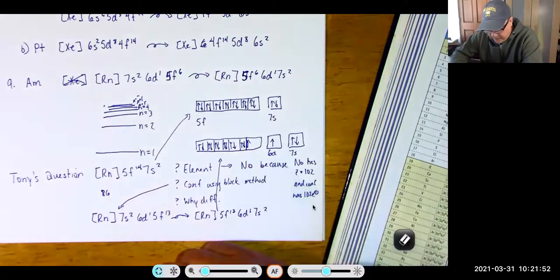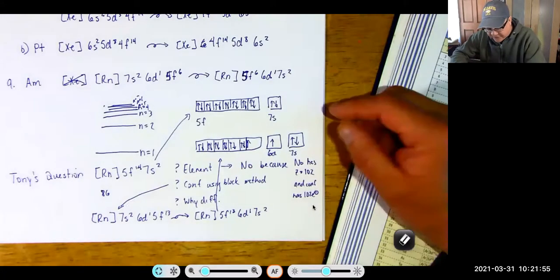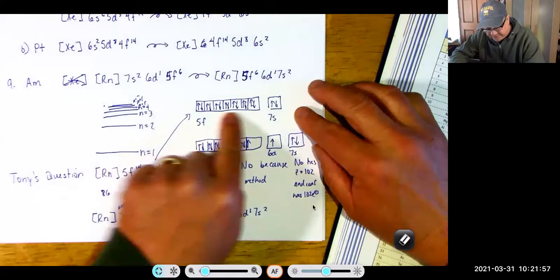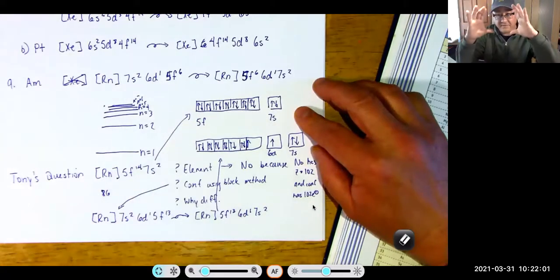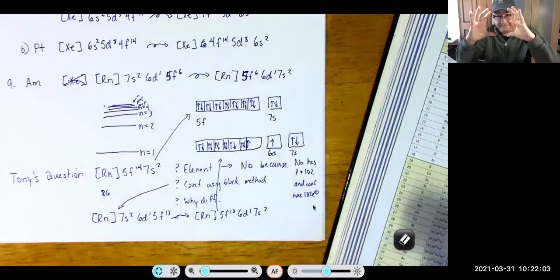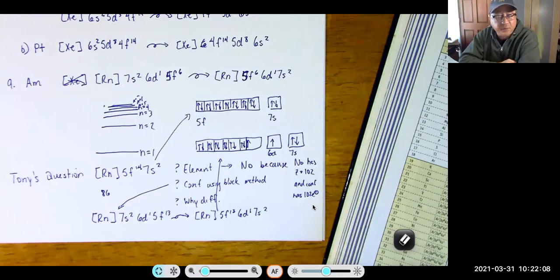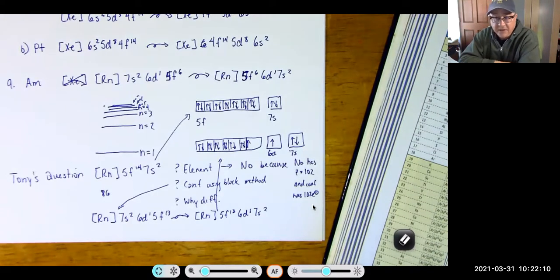So the way to think about it is all of these electrons, and there are what, 16 of them? They're in a particular amount of space, right? And these 17 electrons, you want to be as spread out as possible. And the reason you want them to be spread out as much as possible is because they repel one another.